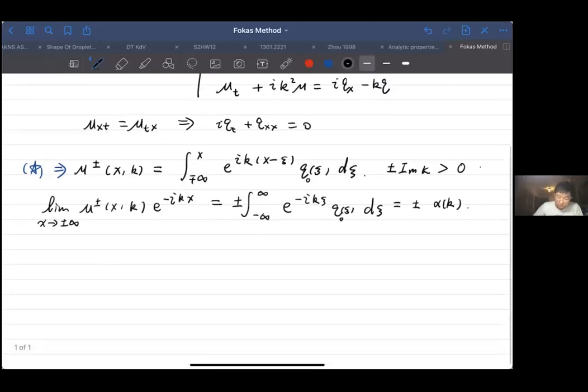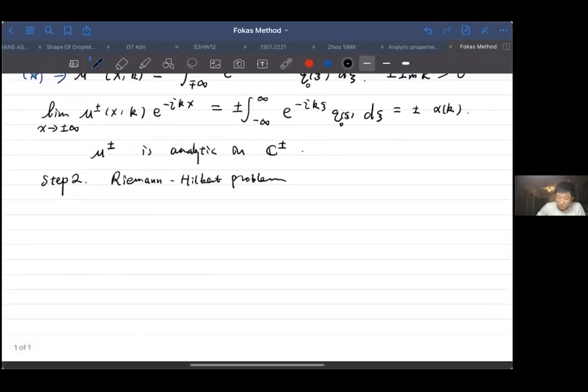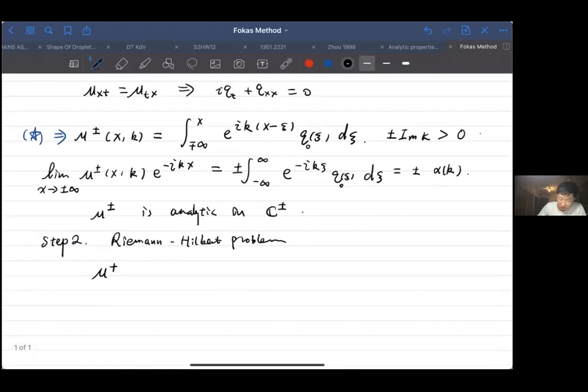Now you will see mu plus and minus is analytic in the upper and lower half plane. So we can actually construct a Riemann-Hilbert problem. So the second step, Riemann-Hilbert problem. We want to see it's directly from the equation.